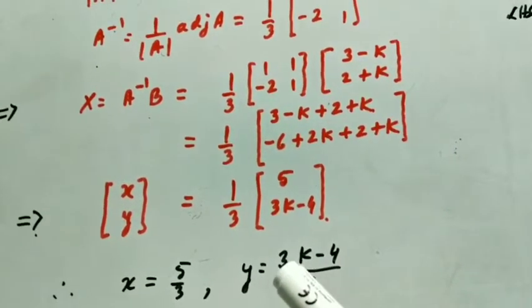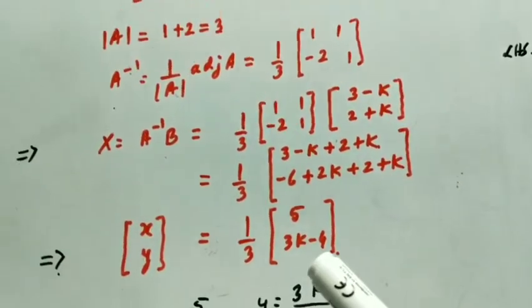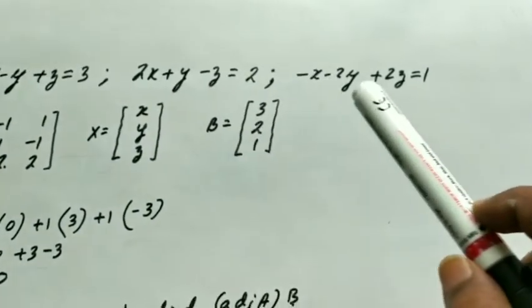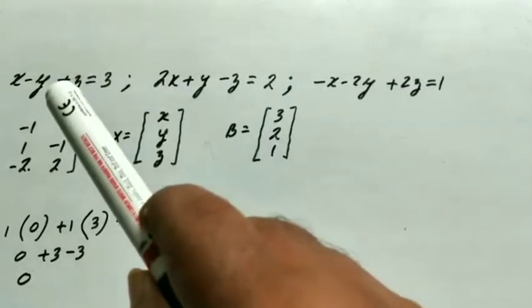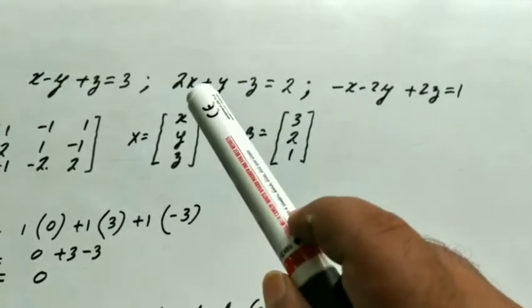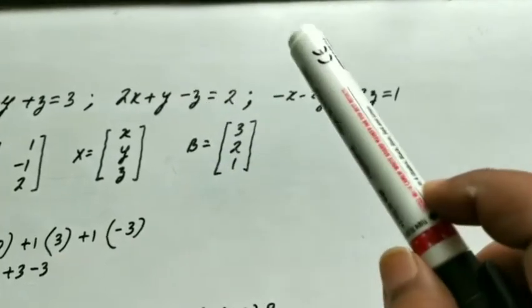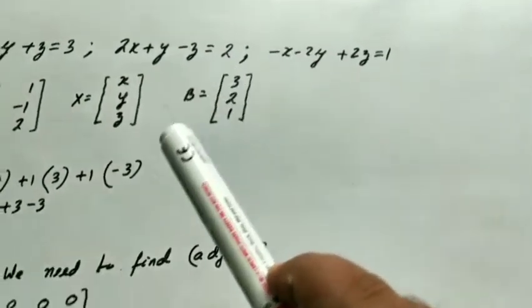And Z is equal to K. Using these values, we have to find out whether these values in terms of K satisfy the third equation or not. So, using these two equations, I found the value of X, Y, Z in terms of K. And then those values I have to substitute in this and check whether they satisfy or not.